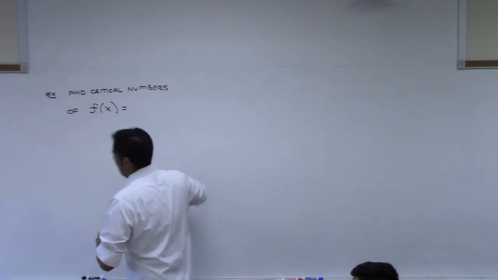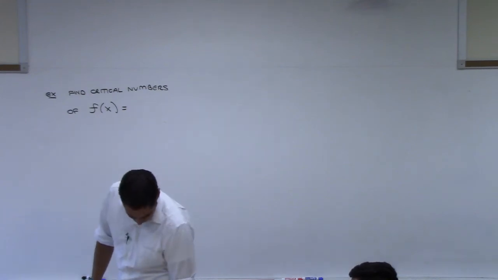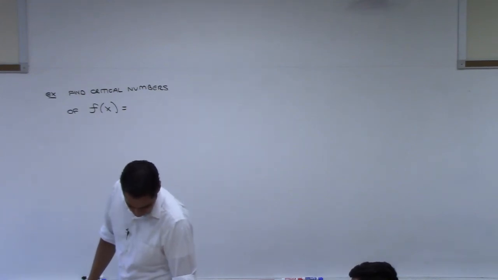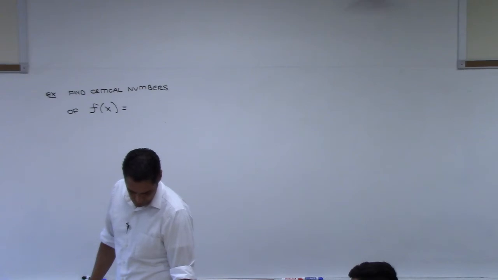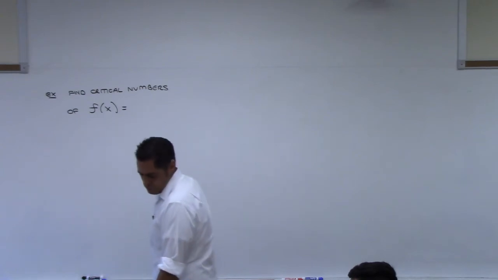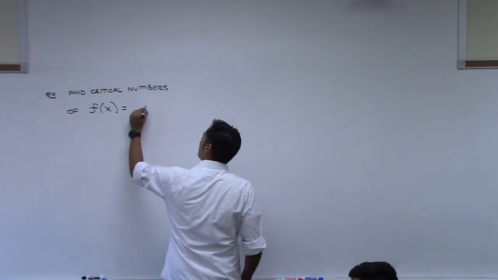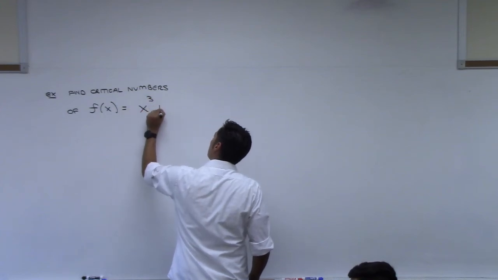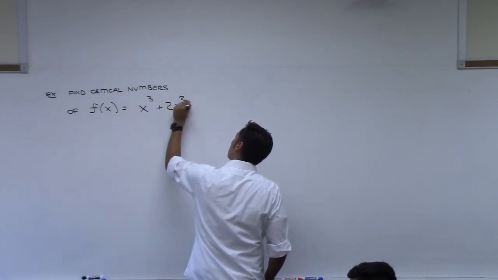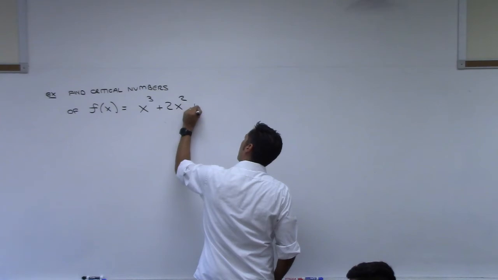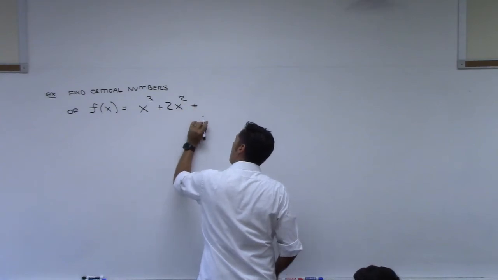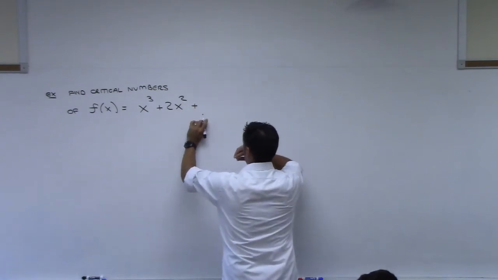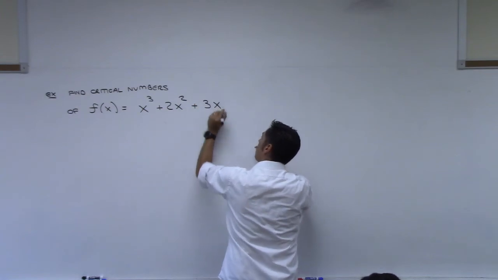All right, so how about this one? How about x cubed plus 2x squared plus 3x.